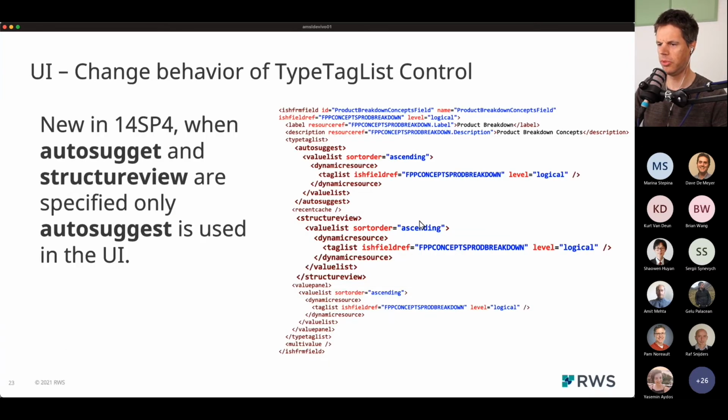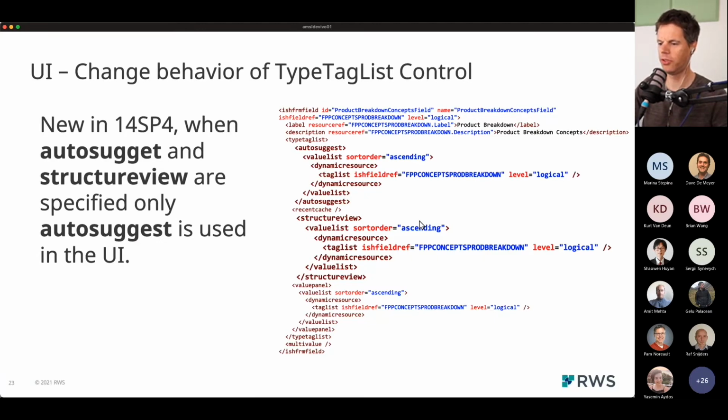There is a change in the behavior of the type tag-less control. We still support both configuration settings. You have the auto suggest, which is mainly for the PIM use case if you have a large flat list or a taxonomy that is hard to load into a structure view. You can query for it, and it will only return results based on what you typed in. We also still support the structure view, but if you specify both of them, the auto suggest will win.